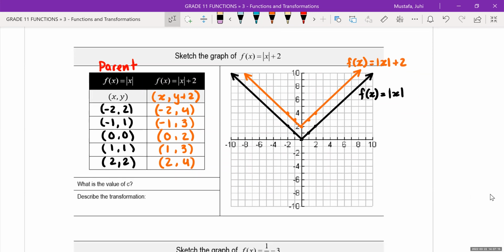And to complete the question, the value of c is 2, and it's a vertical translation. Two units up.